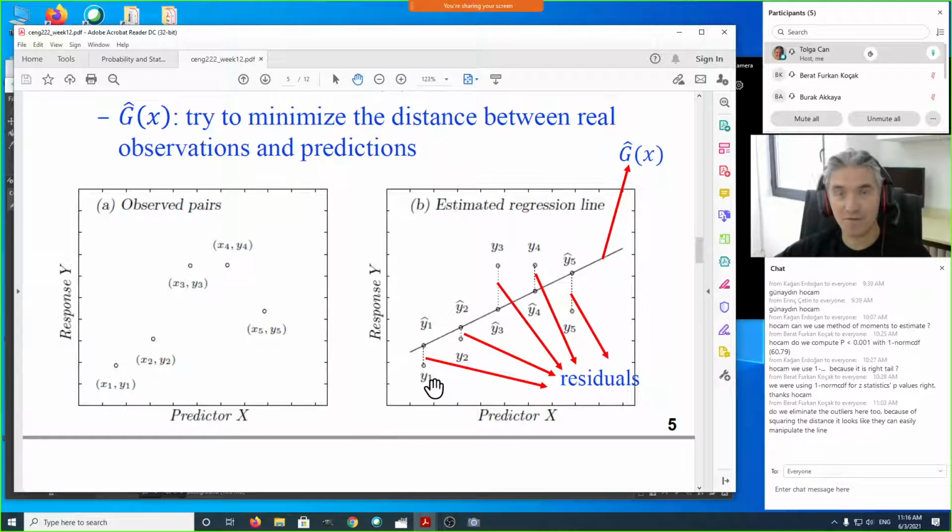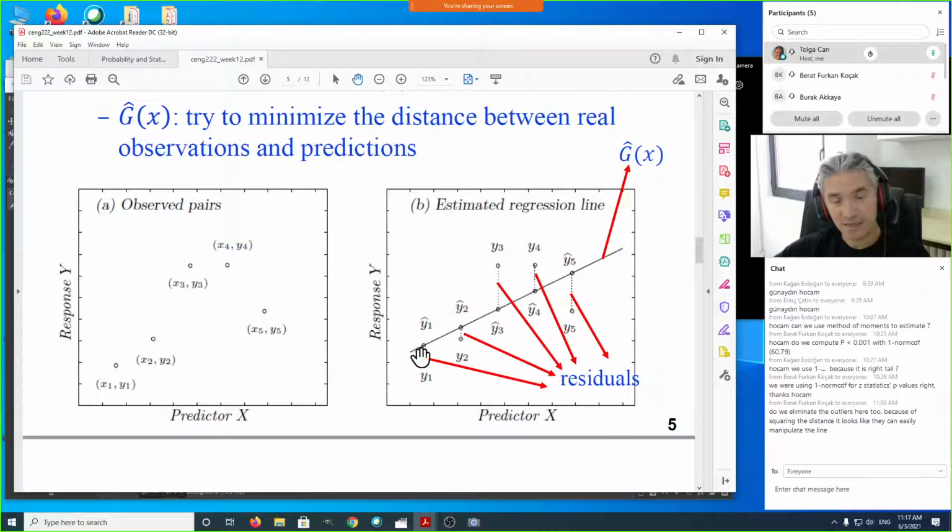For a smaller house, if you make errors, you may tolerate it more. If semantically you have something like that, for a smaller house I'm okay with making errors, but for a larger house, that's big money, I don't want to make errors. In that case, your linear regression may be modified to give more weight based on the x value of your house. So it is possible, but in the most simplistic general form, all these data points in our sample have equal importance.